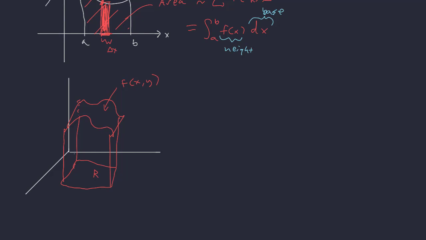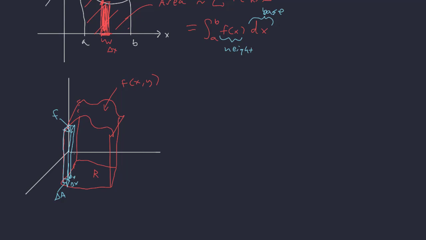Okay, so once again, what ended up happening is we would take a delta x and a delta y, and together they would be a delta A, and then we'd create a height from the function itself. And, we didn't get too detailed here, but the height comes from f.